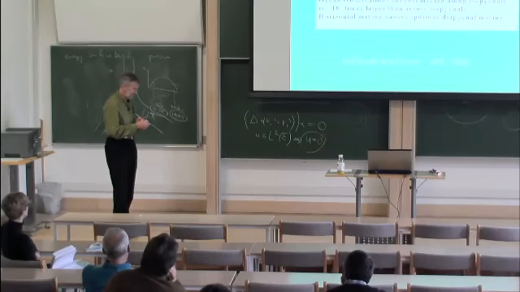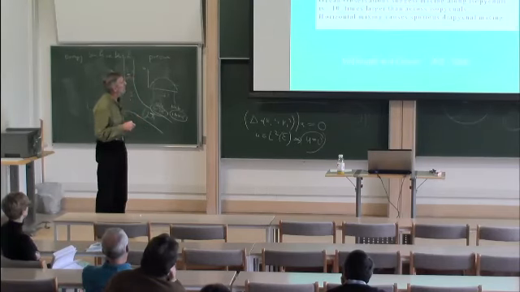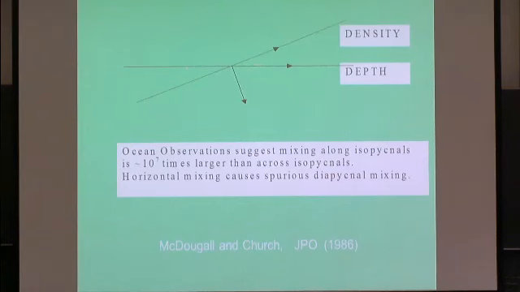It was pointed out by several people, but especially by these two, that if you have horizontal mixing in your ocean model, where the coefficient is 10 to the 7 times the mixing you want across the isopycnals, then even when this angle is extremely small, the amount of cross-isopycnal mixing is proportional to your horizontal coefficient times the sine of this angle.